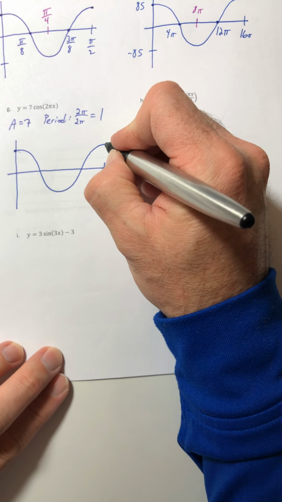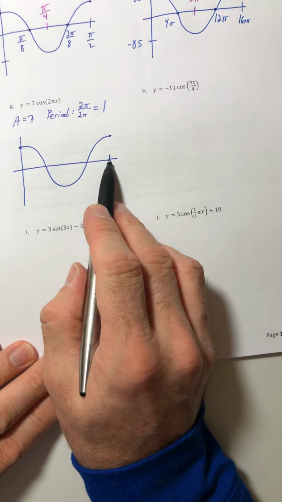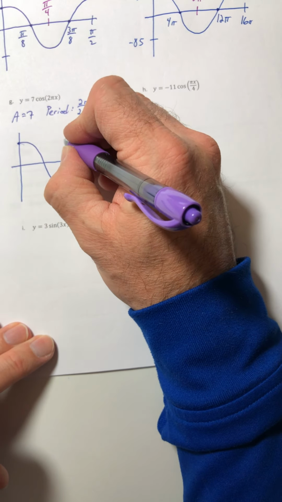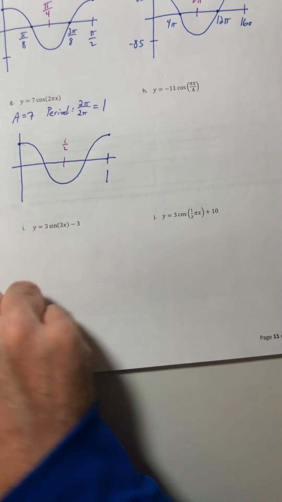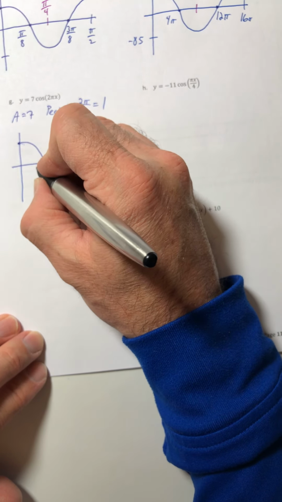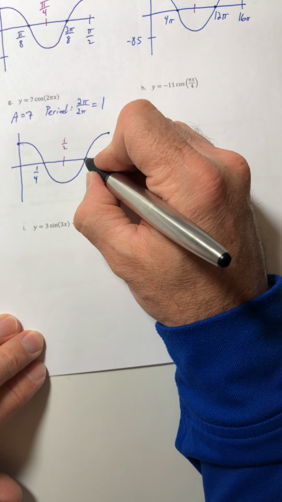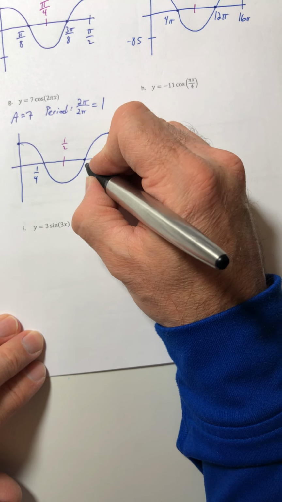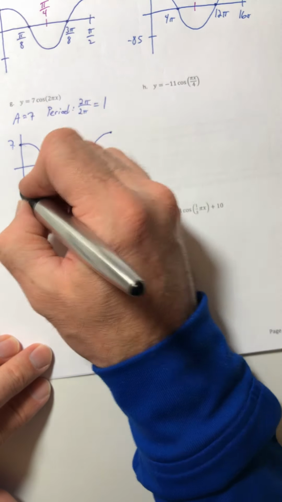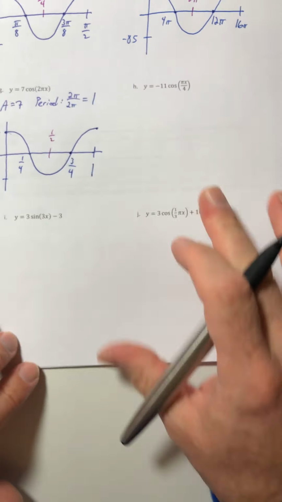So it has a length of 1 from start to finish. If you cut it in half, that's a half. So in between 0 and a half is a fourth. And in between 1/2 and 1 is 3/4. And then you're bouncing between 7 and -7.